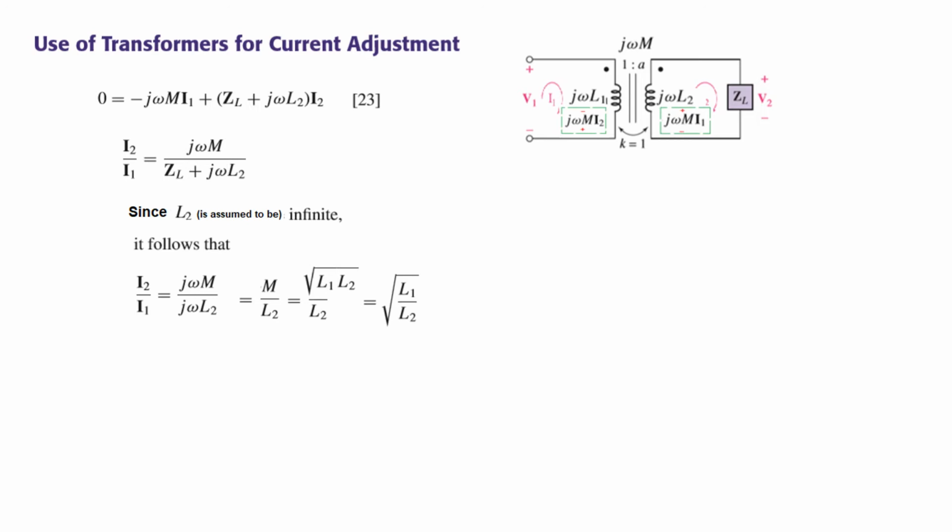So this is the value of I2 over I1. Now in terms of N, we know that L2 and L1 are related by N2 and N1 by this formula.